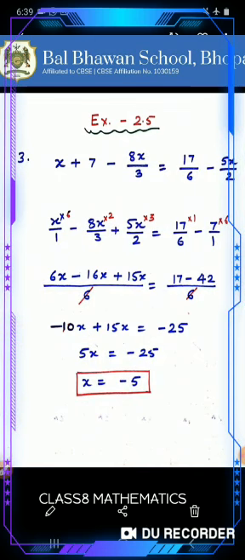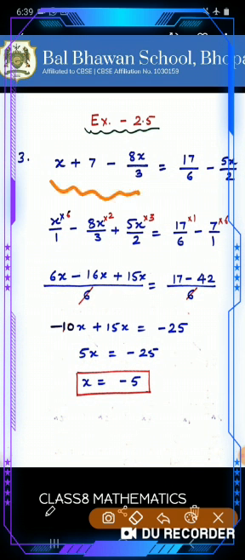Question number 3 is x plus 7 minus 8x upon 3 is equal to 17 upon 6 minus 5x upon 2. Children, in this equation, you will observe that there are three terms on the left hand side and two terms on the right hand side.